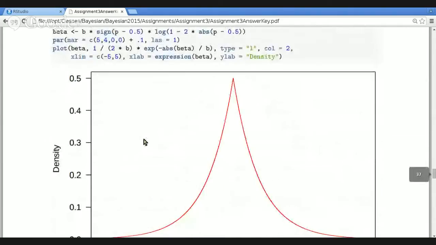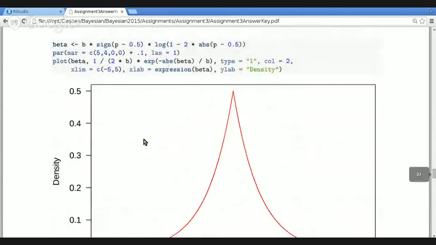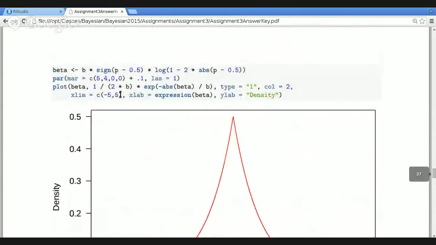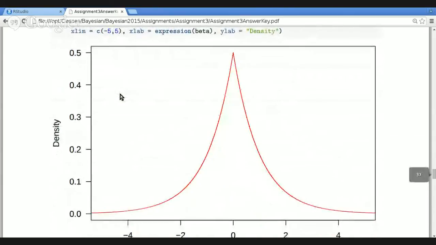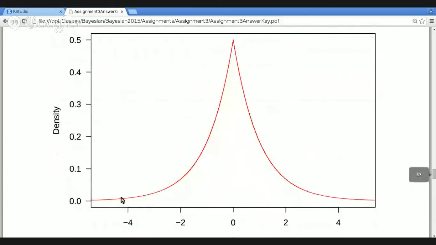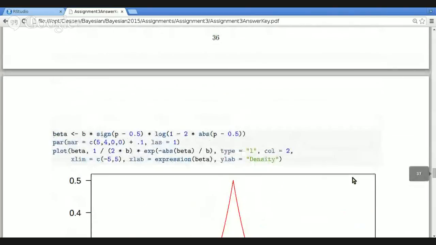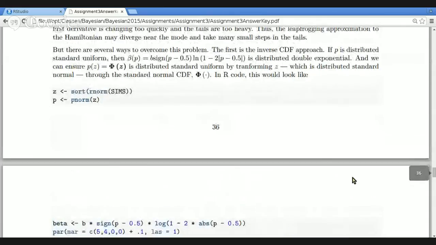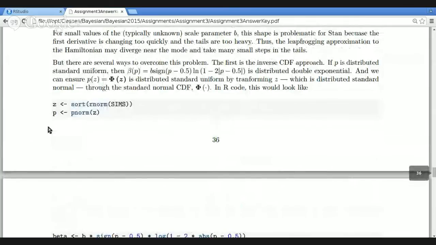And we can prove that to ourselves by going through all those transformations and then plotting the density again. And it has exactly the same shape that we saw before. And so we can take that beta and multiply it by x and go into the likelihood and whatnot.